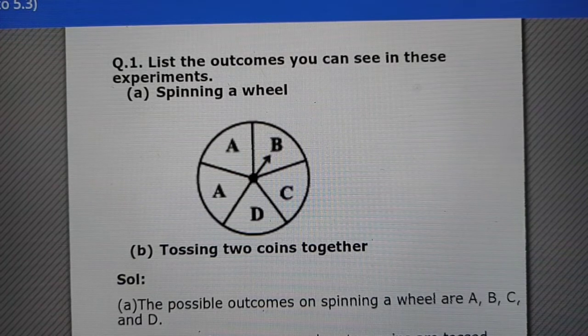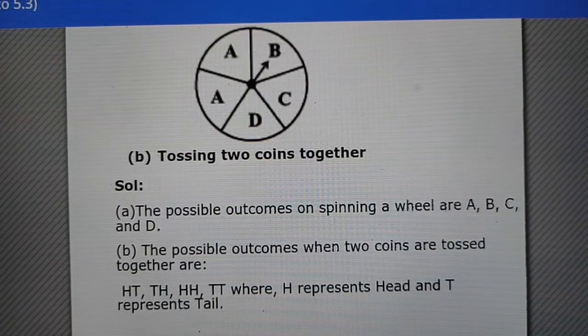Now the tossing of coins together. When one coin is tossed, either a head or a tail comes.